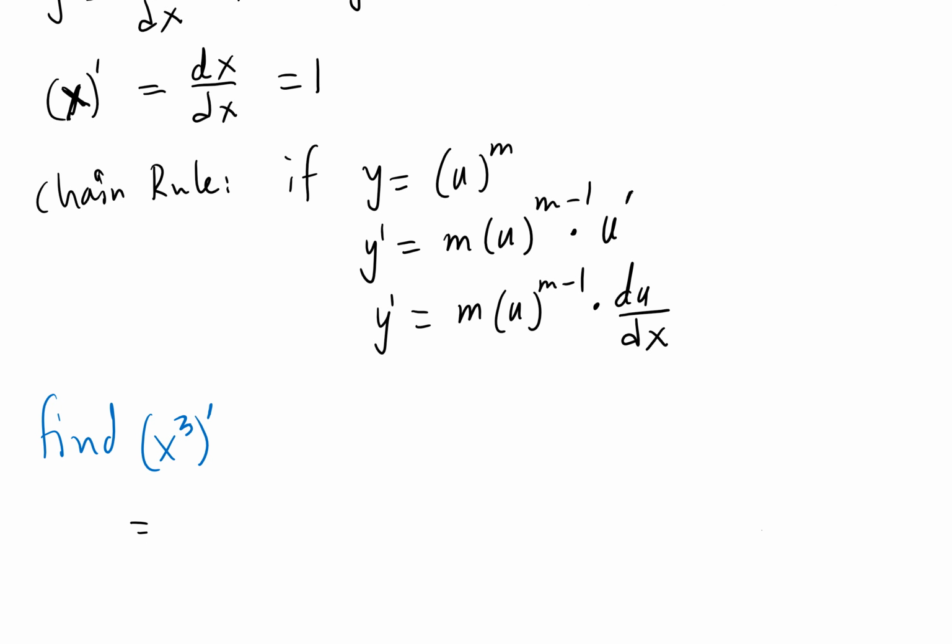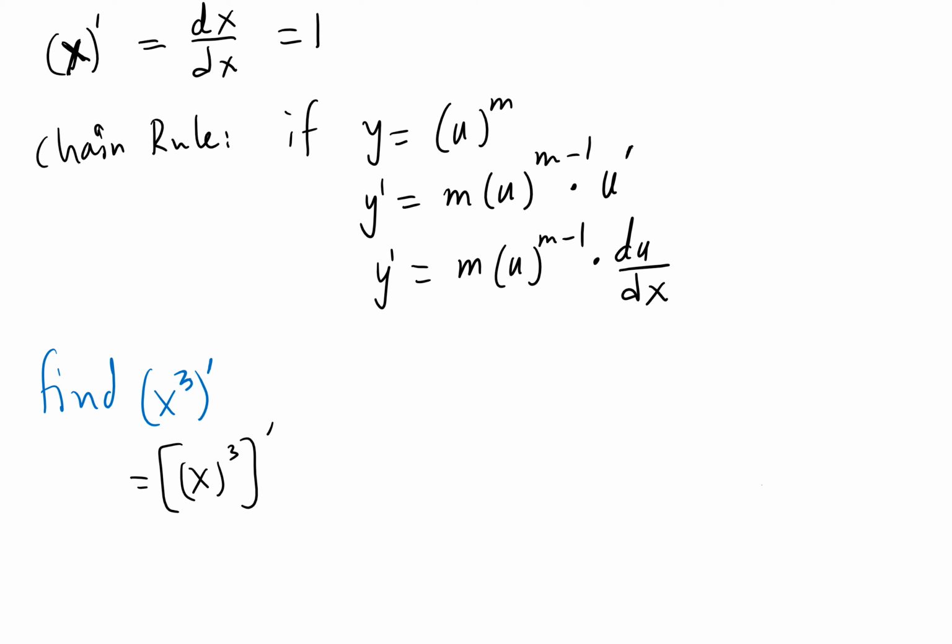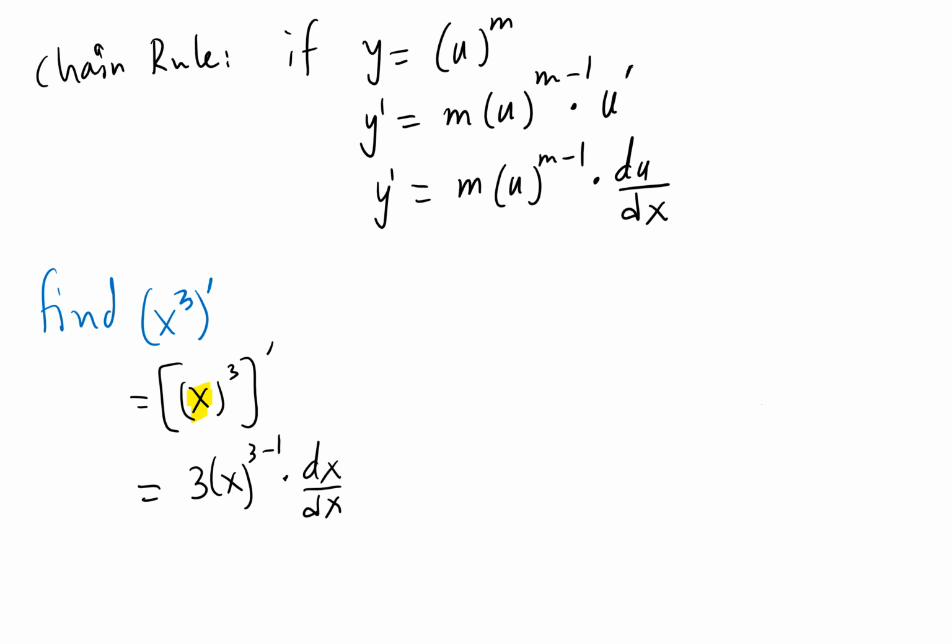By the chain rule, you bring the 3 down, subtract 1 from the 3, times the derivative of the u, this is our u, times the derivative of x with respect to x. That gives us 3x squared times 1. So it's 3x squared.